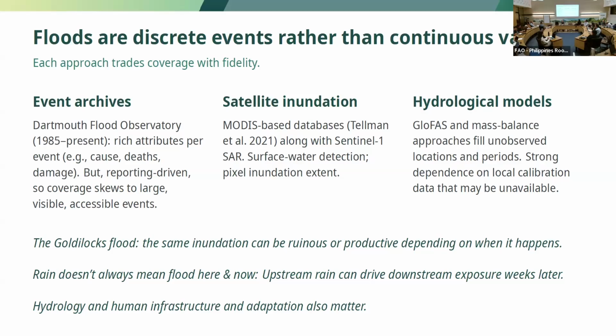Also, rain doesn't always translate into floods in this particular location at this time because of hydrologic connectivity. Upstream rain can drive downstream floods up to weeks later. And both these hydrological networks as well as human infrastructure and the degree of adaptation that we have put in place can matter for where we think floods and their impacts will accrue.